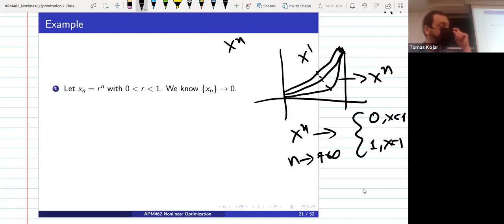That's why we need to take strictly less than 1, because you don't have convergence. So again, that tells you that if your initial point is 1, you're dead in the water. You cannot do that.